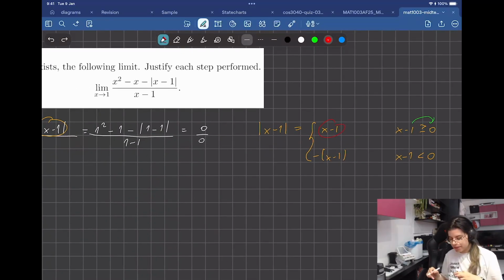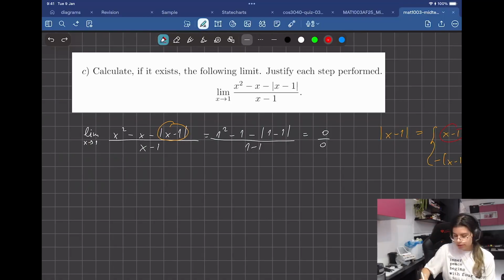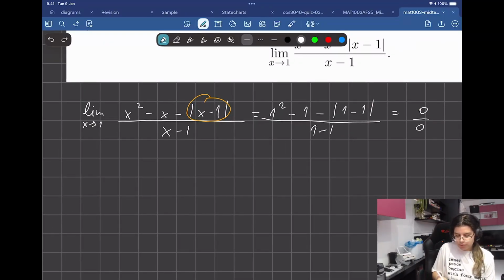And from here, what do we do? So again, that's only for when you're dealing with modulus. You're going to split your limit, or not exactly split it, but actually evaluate it from both sides, right? So this is the so-called two-sided limit. This is like the final result we're looking for, but we could evaluate it coming only from the left or only from the right, okay?